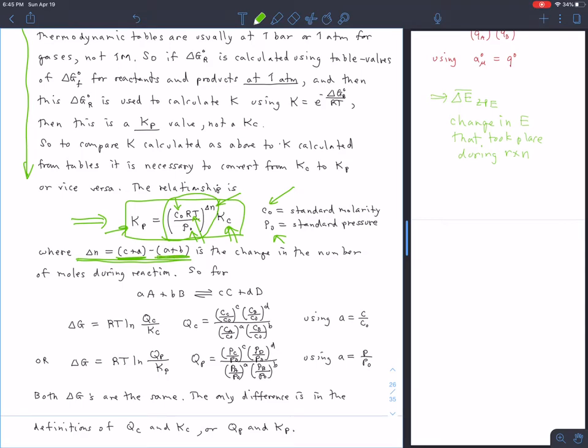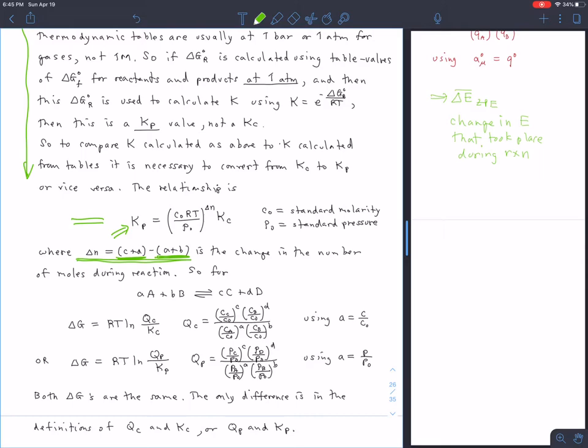All right, so using that formula, you can convert between the two, and that's useful because the equilibrium constants that you calculate using table values for delta G0, for example, will give you Kp most of the time, usually, for gas phase reactions.